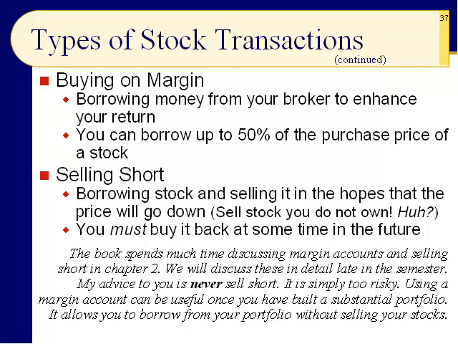Now, in Chapter 2, which I think is a big mistake, the book goes through the stock transactions in detail. All I want you to do for now is just know these terms, buying on margin and selling short. We will go into the details at the end of the semester because, first of all, I don't want you to do them. And secondly, they're pretty tricky. Buying on margin allows you to borrow money from your broker.